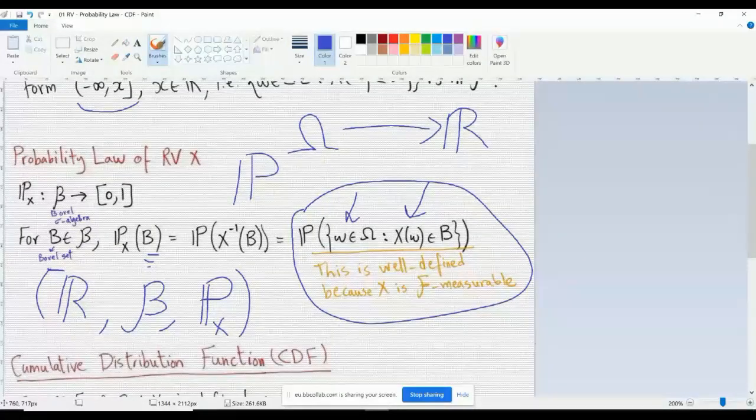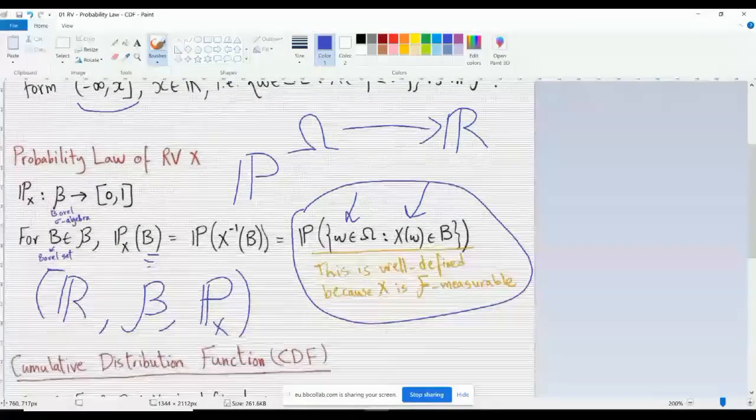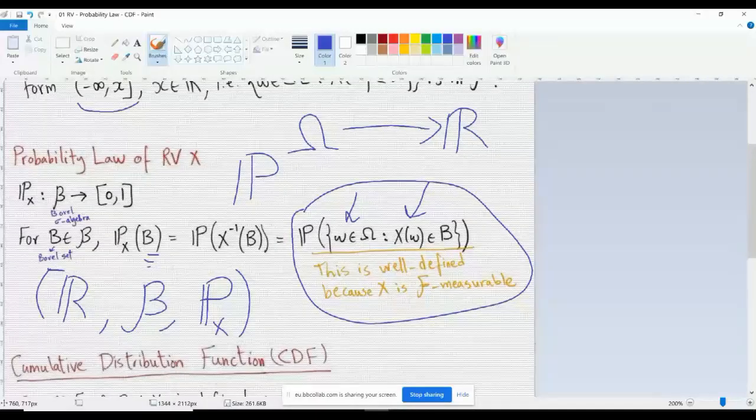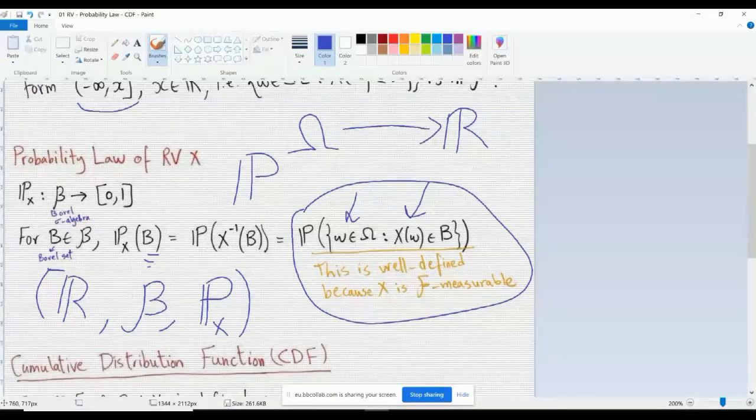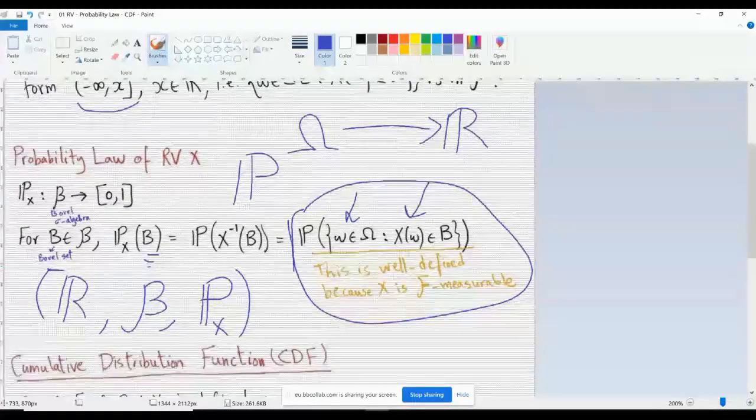Any subset of big omega that is not included in the sigma algebra is not assigned a probability. We avoid assigning a probability to it because sometimes we cannot do this in a consistent way if big omega is uncountably infinite.